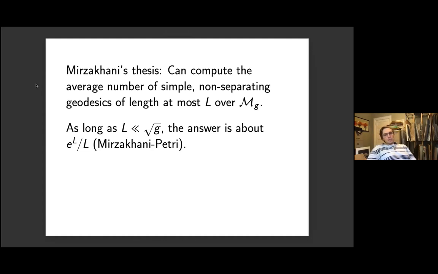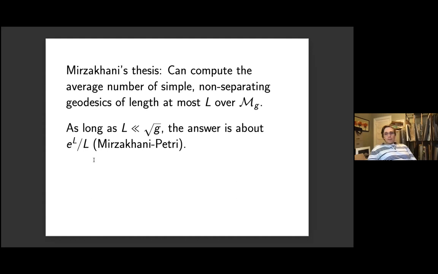Further work by Mirzakhani and Petri showed that at modest length scales, so say if the length is a lot smaller than square root genus, the average number is about e to the L over L. So averaged over M_g, you expect the expected number of simple non-separating geodesics to be about e to the L over L, as long as this length scale is not too big compared to the genus.